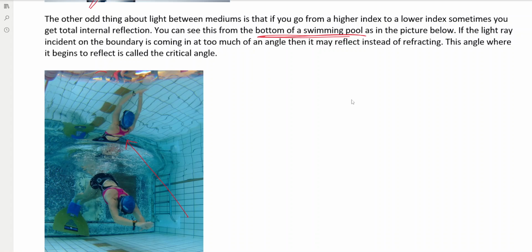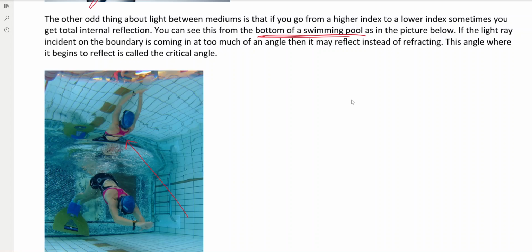If you look carefully up here, you might be able to see out of the water, because up here our angle is closer to 90, and so it's not internal reflection. But over here, because the angle is past the critical angle, it is internal reflection.